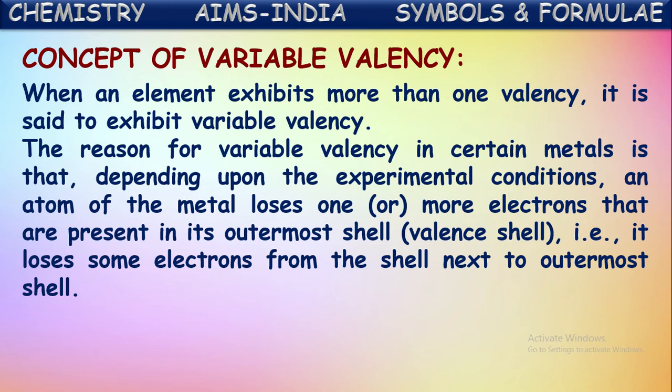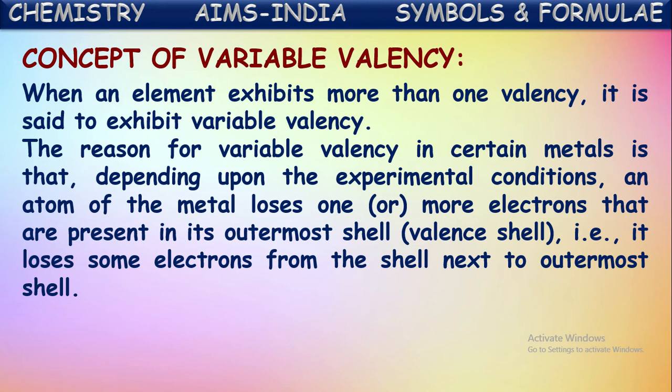The reason for variable valency in certain metals is that, depending upon the experimental conditions, an atom of the metal loses one or more electrons present in its outermost shell, that is, the valence shell. Sometimes it may also lose some electrons from the shell next to the outermost shell.